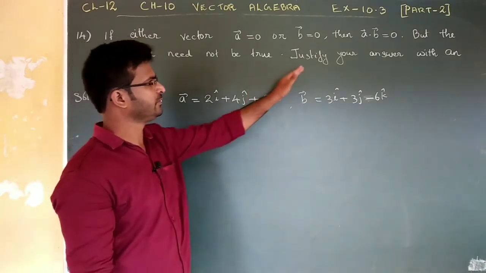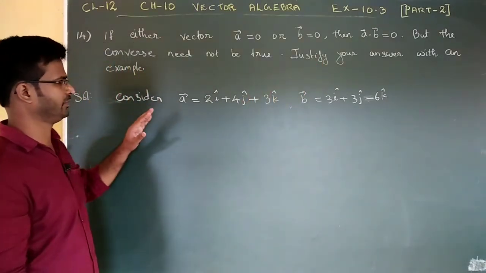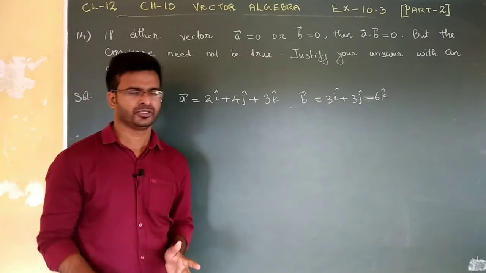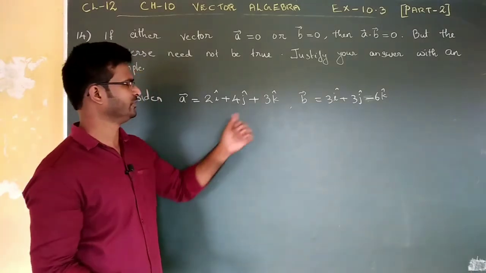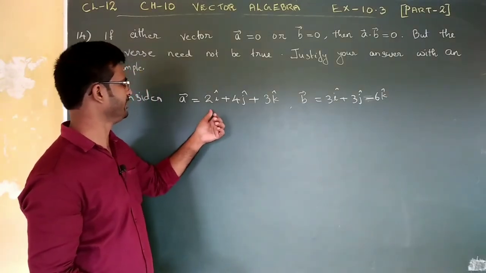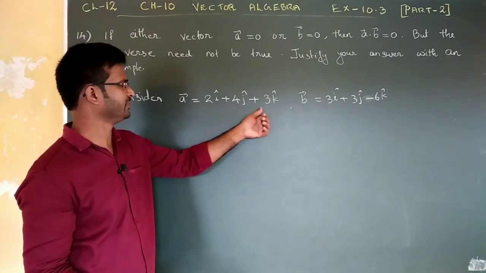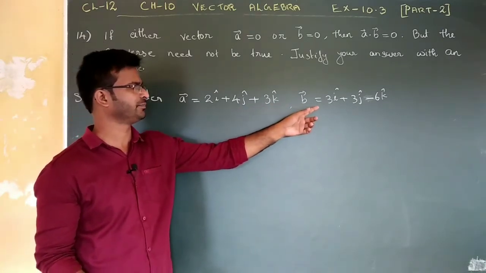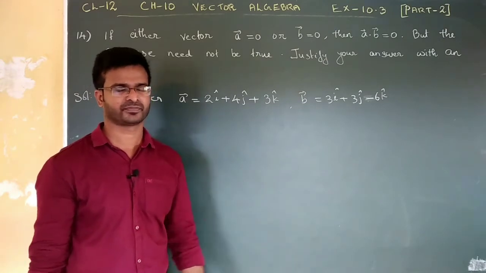Our question is: justify your answer with an example. We can take any two vectors. I took two vectors here: A is 2i plus 4j plus 3k, and B is 3i plus 3j minus 6k.